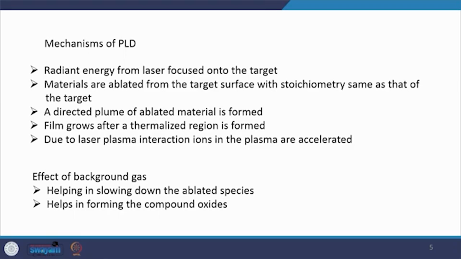After the laser light is absorbed by the solid target, it will heat up.